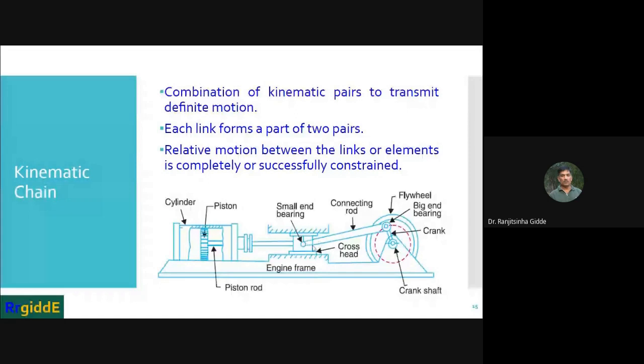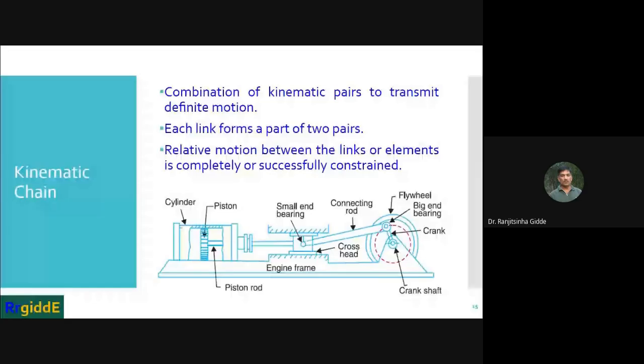Then relative motion between the links or elements is completely or successfully constrained. Here we can consider it as successfully constrained or completely constrained. That is the definition, and if that type of motion exists, then it is called a kinematic pair for those particular links.